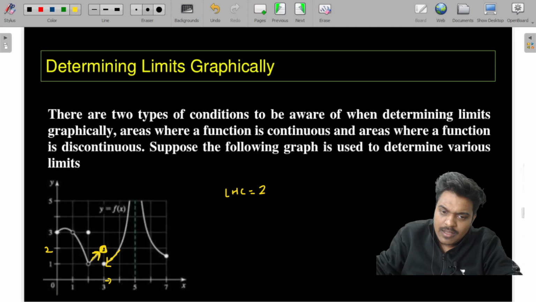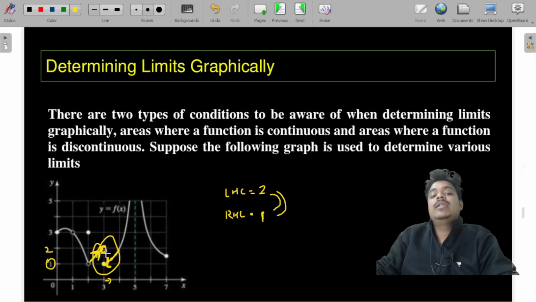RHL आप आए यहाँ पर and you converge at 1. But if you approach from the left hand side, you are converging at 2. So obviously the left hand limit is not equal to the right hand limit, and it is clearly visible in the graph as well. So at 3, if I ask you what is the value of the function at 3, you don't know.